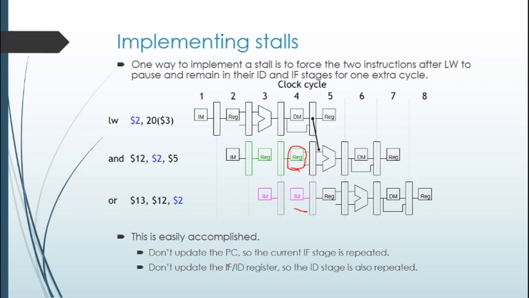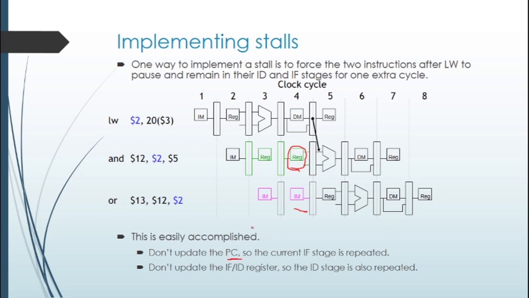The first task is we just don't update the PC. Ideally, every clock cycle, the PC is updated by PC plus 4. In this case we just don't do the PC plus 4, so that the next instruction fetch is not done.